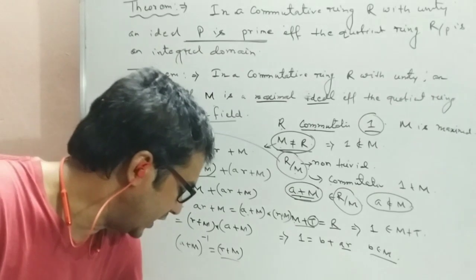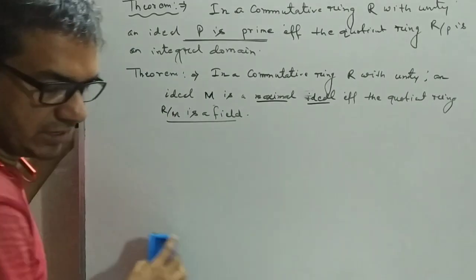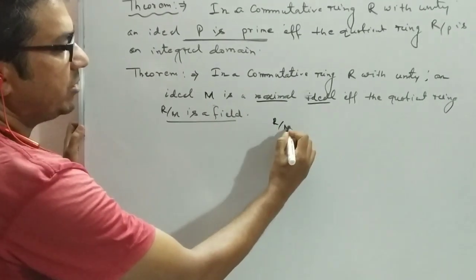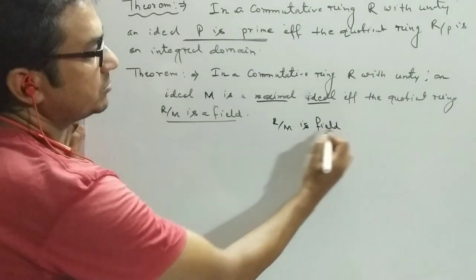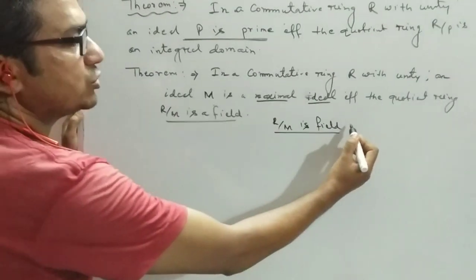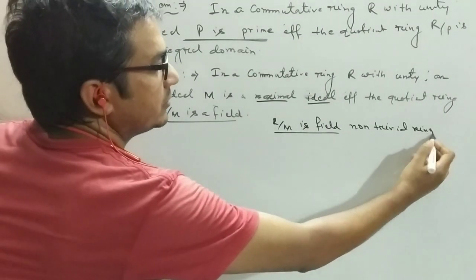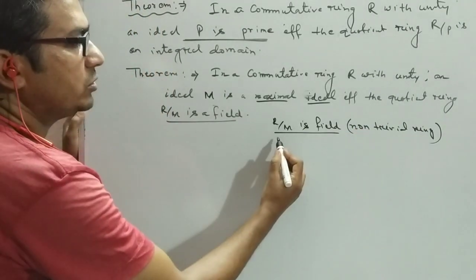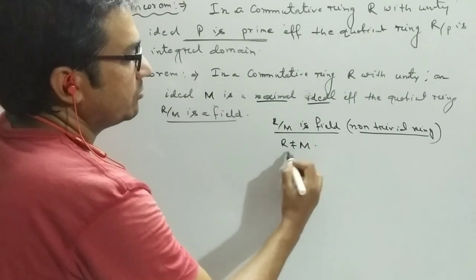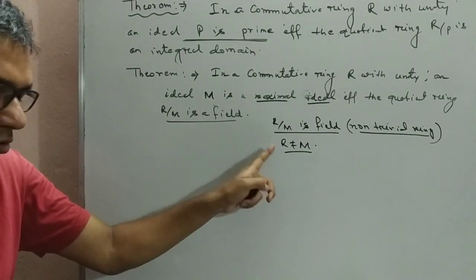Now we go to the converse part of the theorem. In the converse part, we let R by M be a field. Since a field is a non-trivial ring, from this condition we say that R is not equal to M, because if R equals M, then this is trivial.